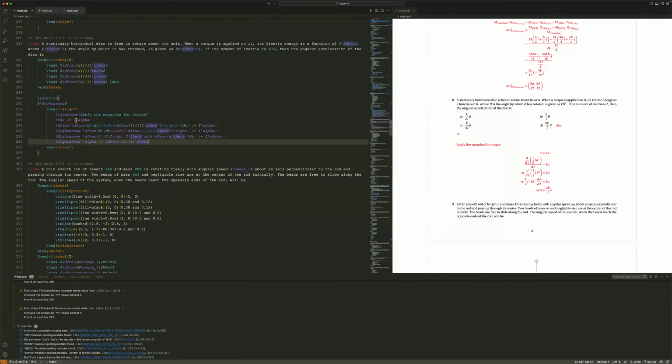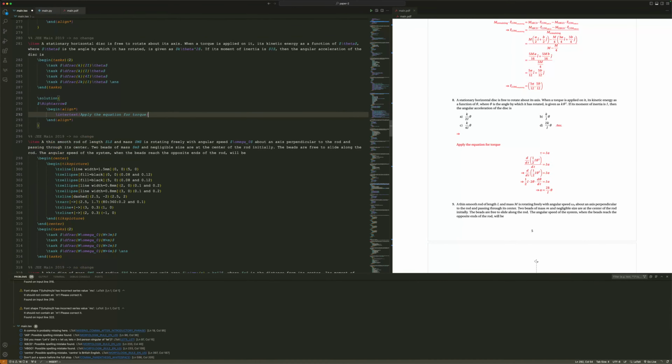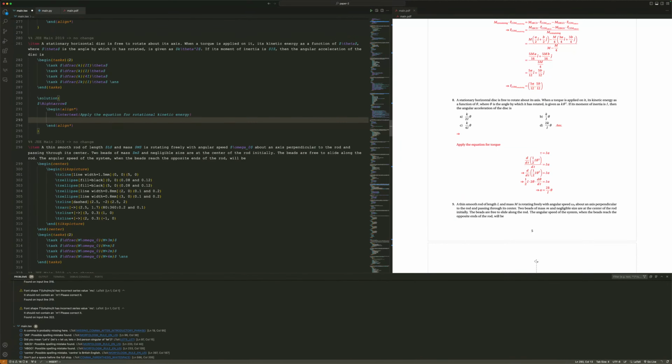Let's start from the equation of energy, which is rotational kinetic energy. So for rotational kinetic energy, yes, that's right. Half I omega square is equal to k.